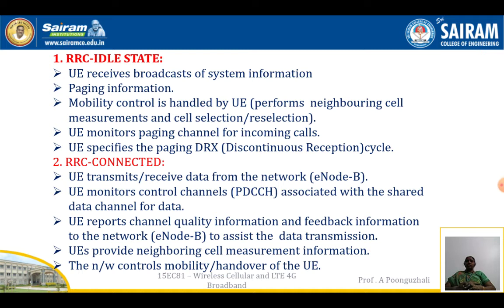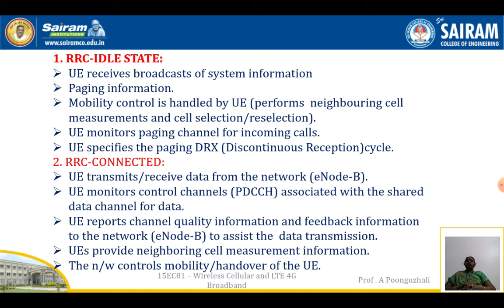In RRC connected, the user equipment will transmit or receive data from the network, that is from the eNode B. The user equipment is going to monitor the physical downlink control channel associated with the shared data channel for data. So it is going to monitor the control channel as well as the shared data channel. The user equipment is going to report the channel quality information to the eNode B, so that the eNode B can schedule the resources for the user equipments, which is going to be used for data transmission.